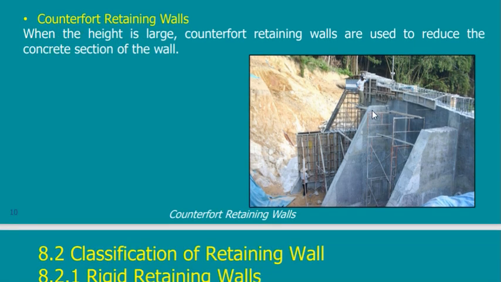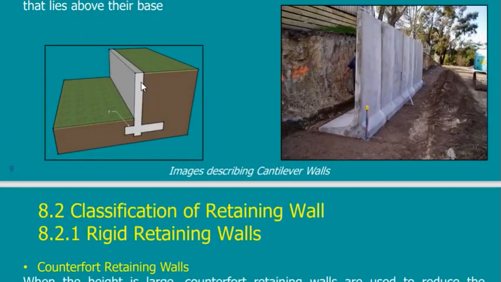It means that I am adding stiffeners to the wall itself, so that at every spacing I put a web or a stiffener to prevent the cantilever from deflection. If at this location I add a counterfort, and here I add another counterfort, by the way, the counterfort is on the opposite side.